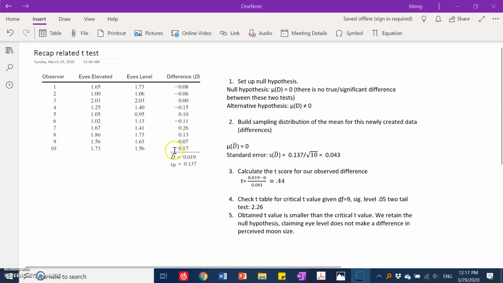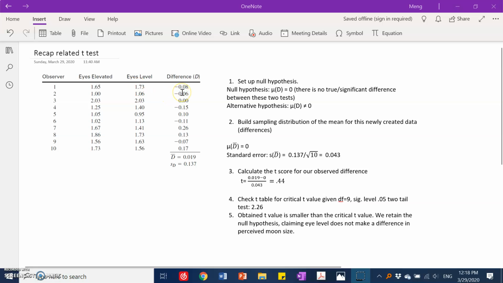But if this difference is not significantly different from zero, we can say that the difference we obtained is just due to chance, an observation bias. Which means that people perceive the Mu in the same size when they have their eyes elevated and when they have their eyes at the horizon level.